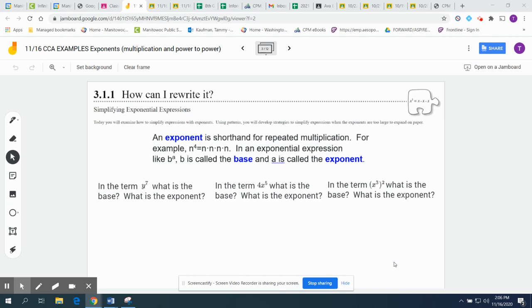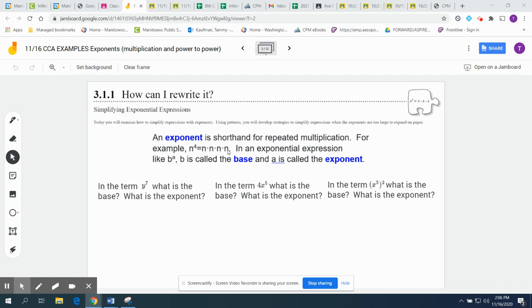The main thing to remember is that writing exponents is repeated multiplication. So all of the expressions we're looking at deal with multiplying different terms together. An exponent is shorthand for repeated multiplication. For example, n to the fourth power is the same as n times n times n times n.